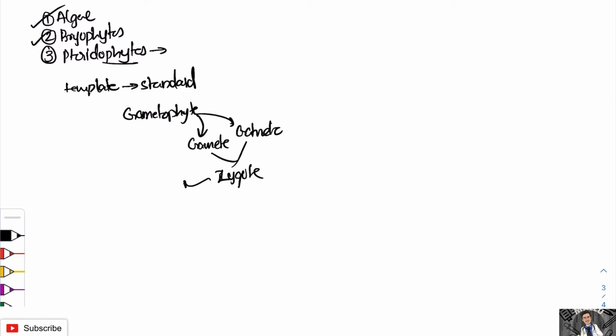The zygote in turn produces the sporophyte. The sporophyte produces spores through meiosis, and the spores in turn produce the gametophyte. So this is the basic cycle. Now let's move on to the life cycle of pteridophytes.